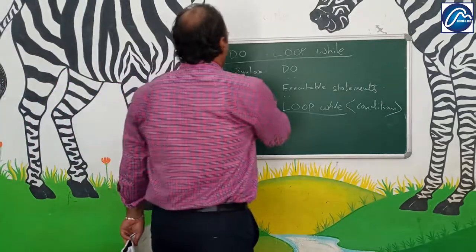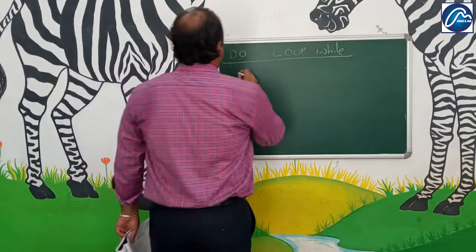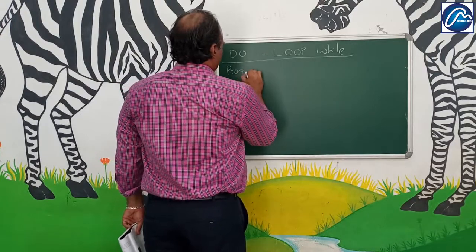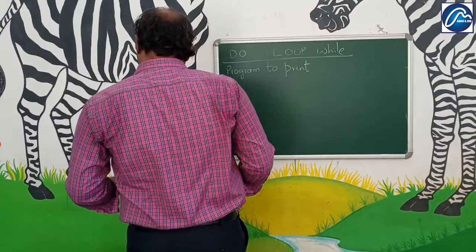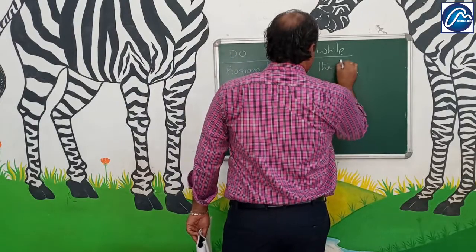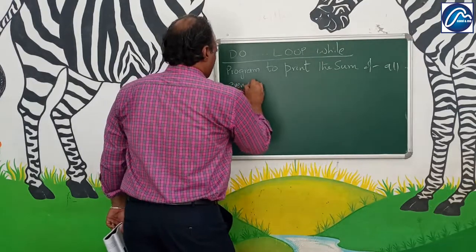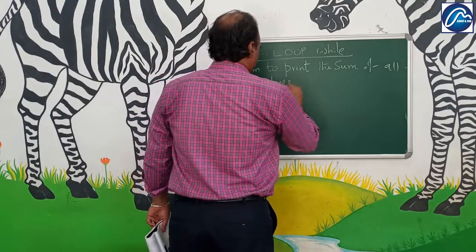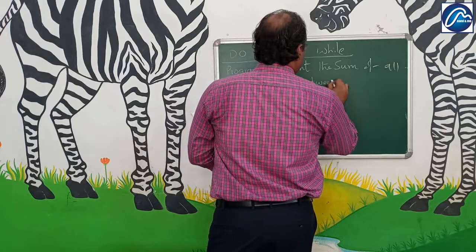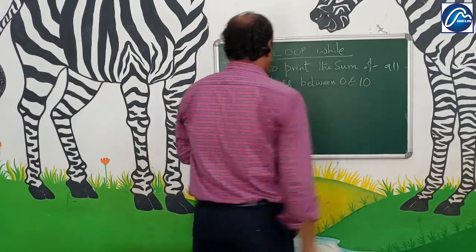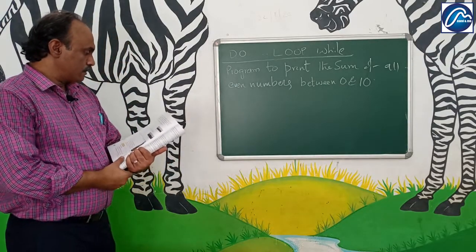Using this do loop while, you will write a program to print the sum of all even numbers between 0 and 10. Okay.